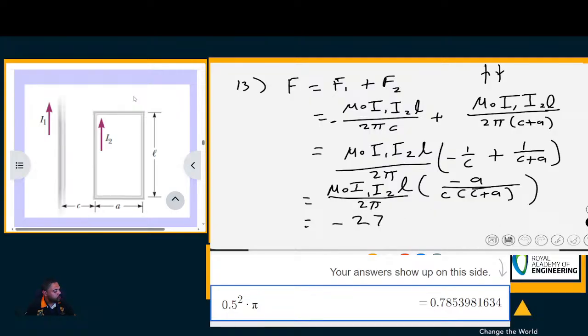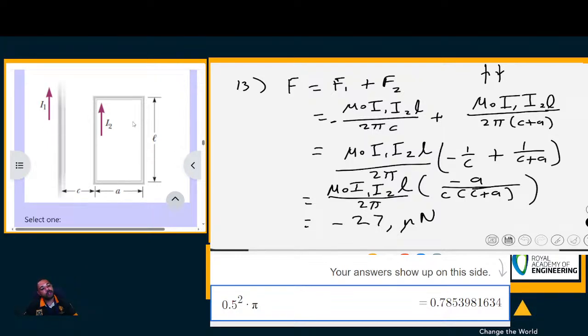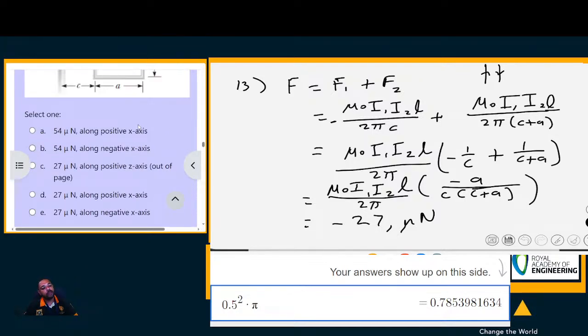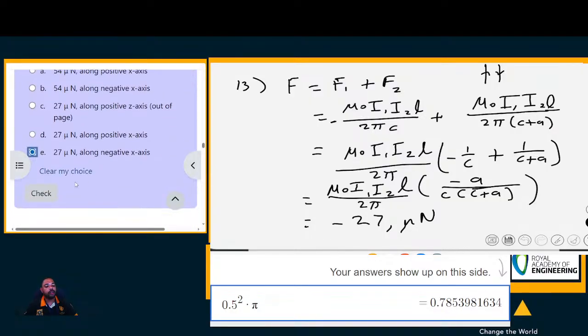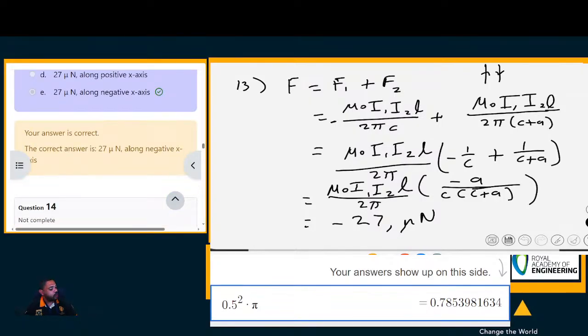Negative 27 micronewtons. That means along the negative x direction. So along the negative x direction, negative 27 micronewtons. The negative x-axis. So check, and the answer is correct.